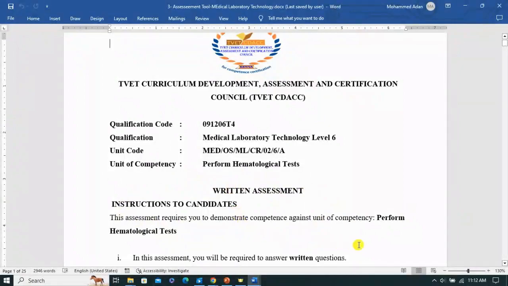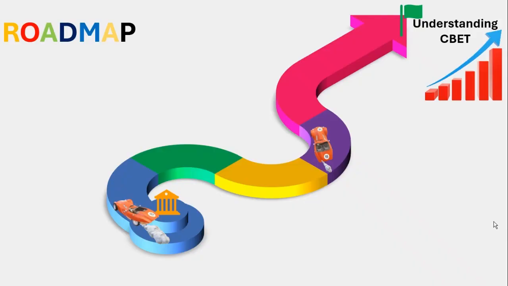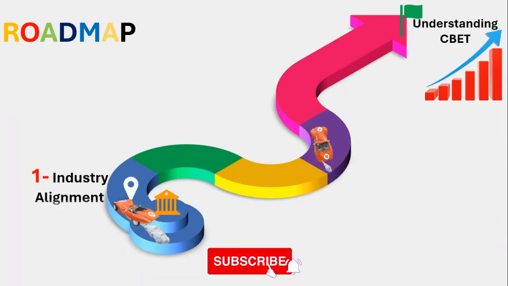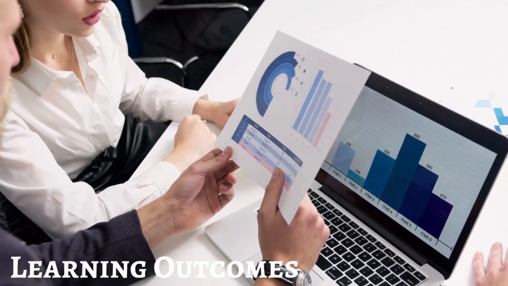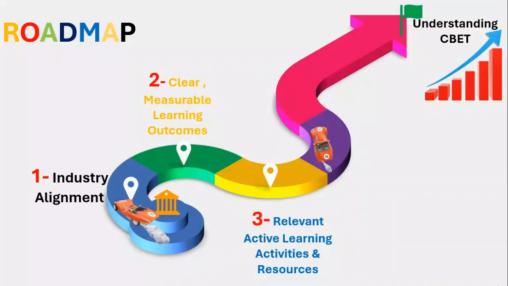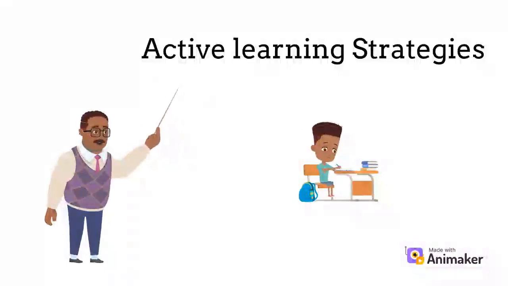So I want to give you a head start on our roadmap to reaching an understanding of CBET. We started looking at our first principle, and that is aligning to the industry requirements. Number two, we unpacked principle number two on clear, measurable learning outcomes. You also unpacked principle number three, that is relevant active learning activity and resources.